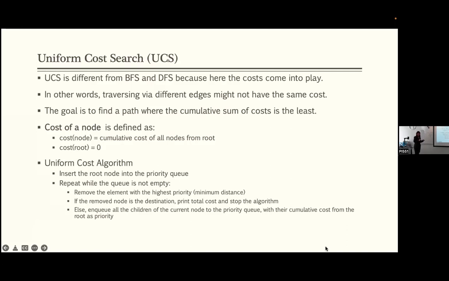For breadth first search and depth first search, it is kind of an undirected, blind search. But in uniform cost search, we do have some meaningful information in hand.